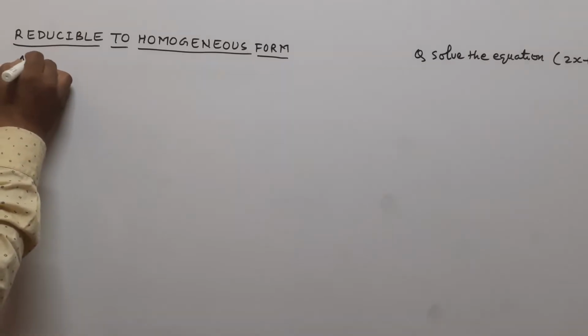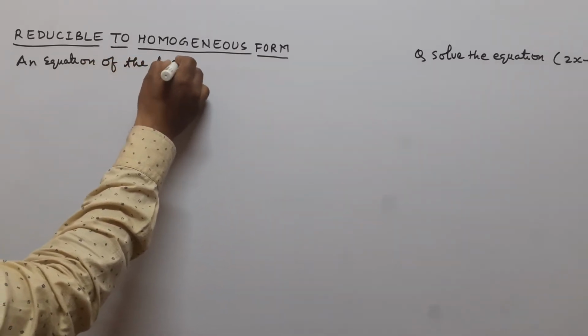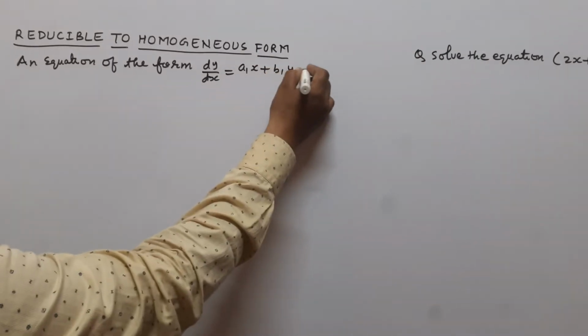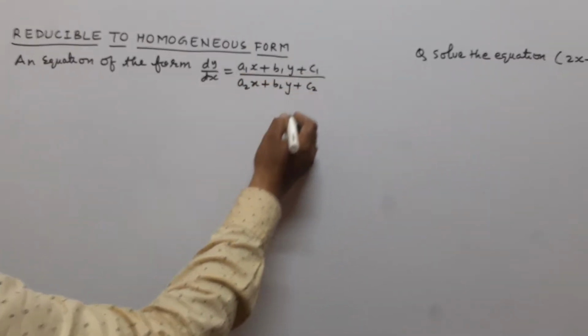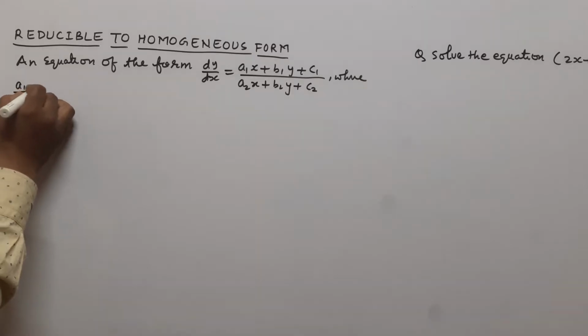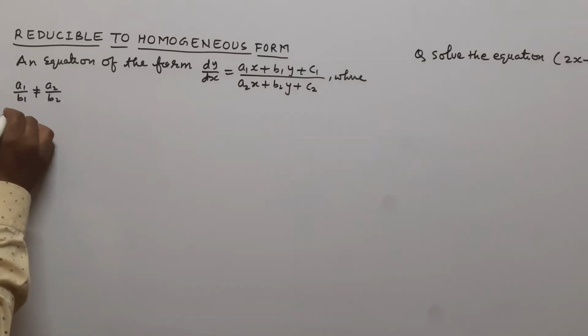An equation of the form dy by dx equal to a1x plus b1y plus c1 divided by a2x plus b2y plus c2, where a1 upon b1 not equal to a2 upon b2.